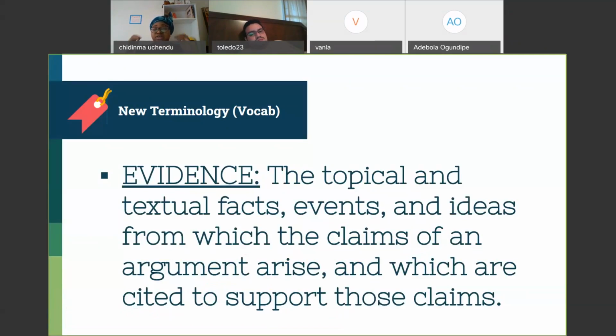Plain English, your evidence is what you use to back up what you say. So here's what you need to remember. What are the different parts of an argument? The claim, which is the main point, and the evidence, which is what you use to back it up, okay?